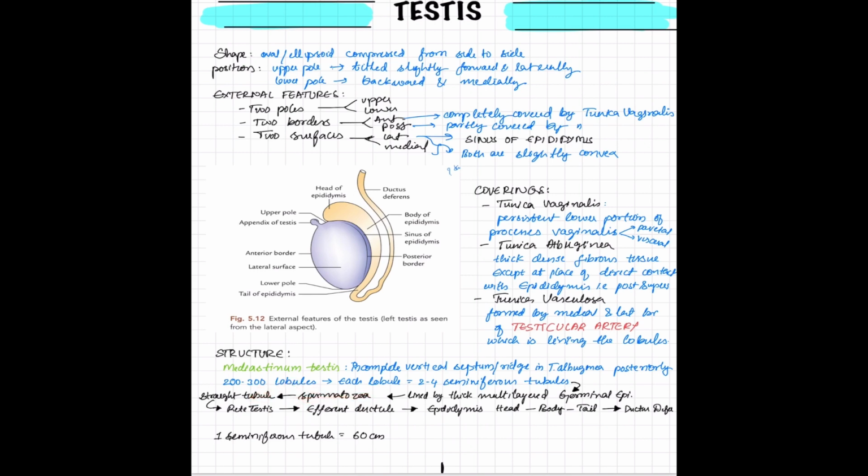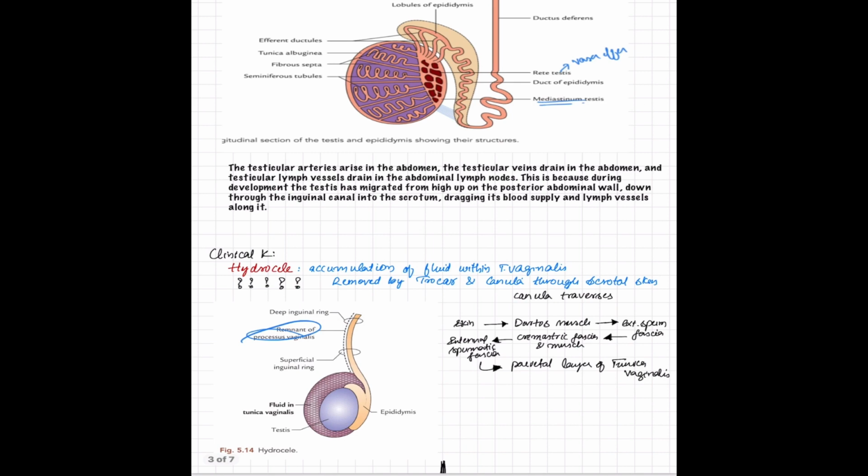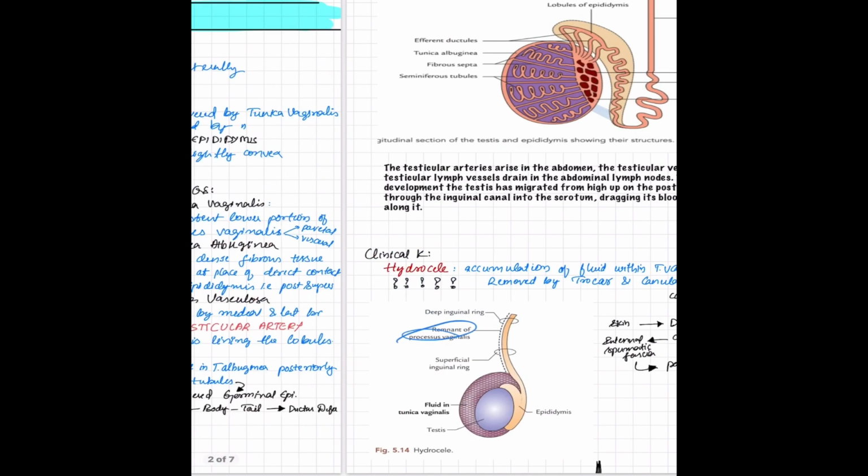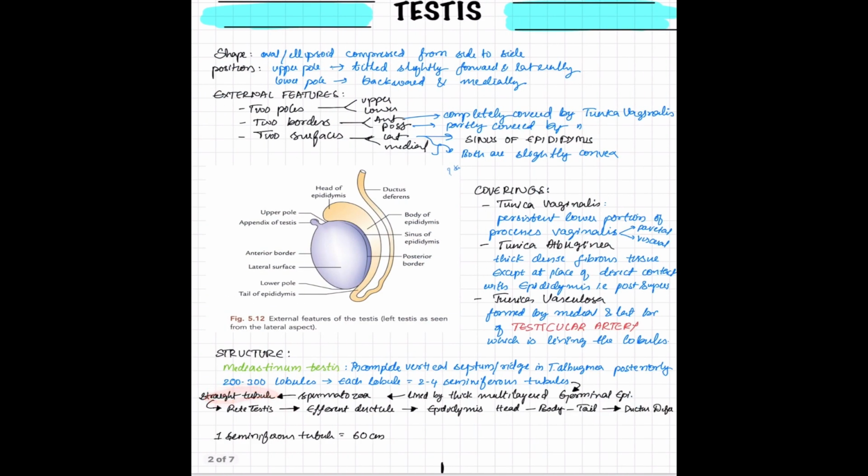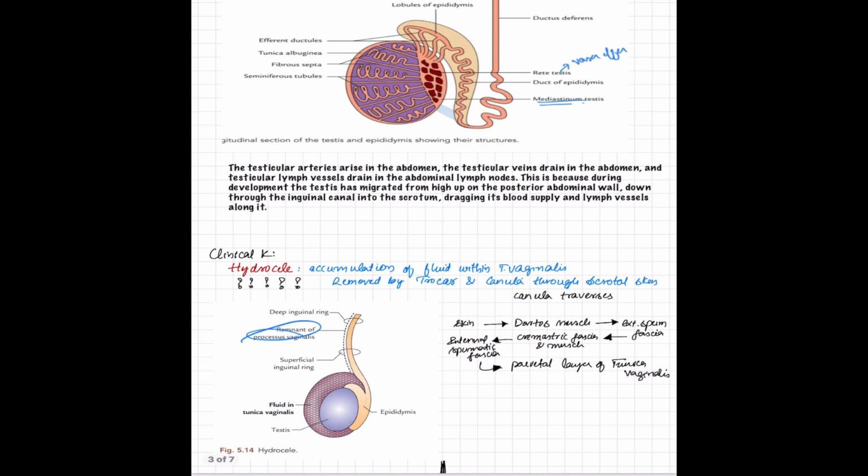straight tubules. From the straight tubules, the spermatozoa go into the rete testis. Here is the rete testis. From the seminiferous tubules they form the straight tubules, then into the rete testis.